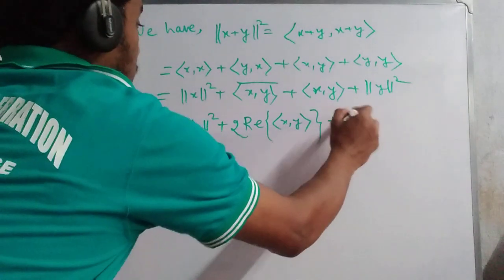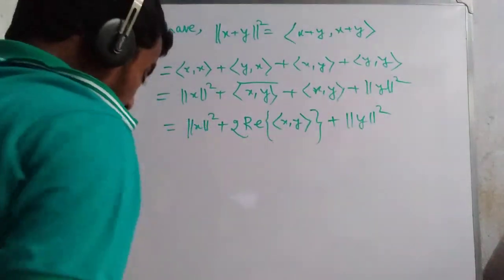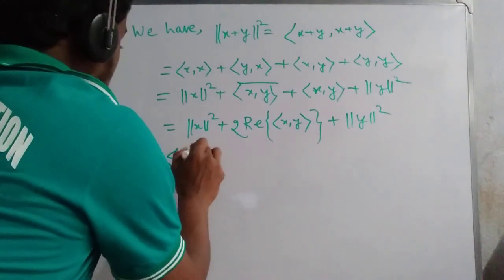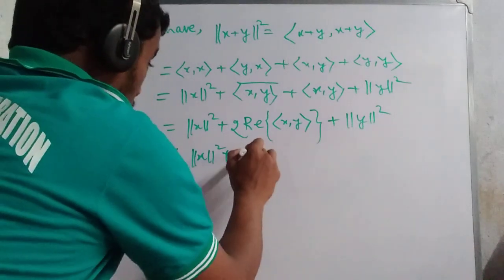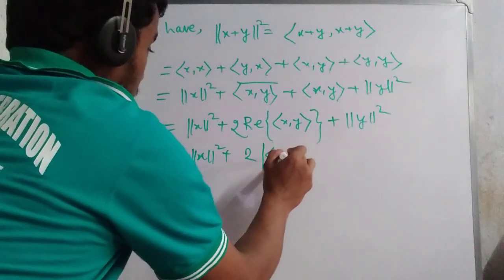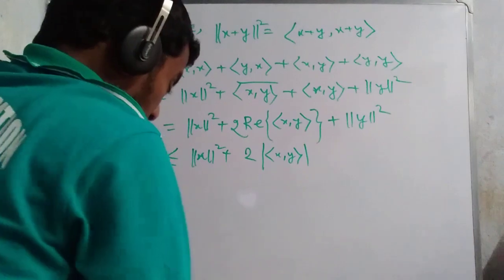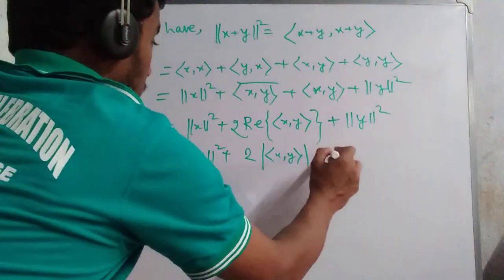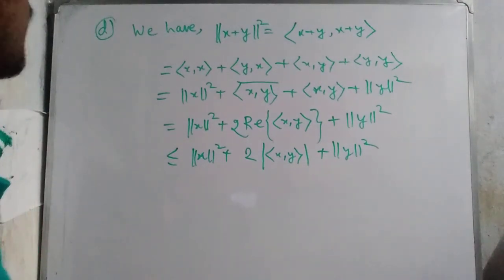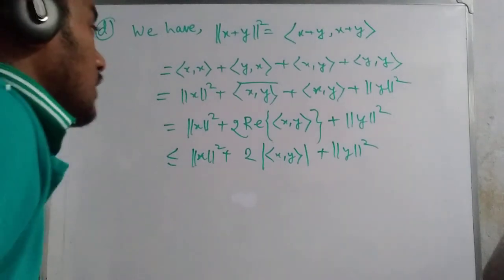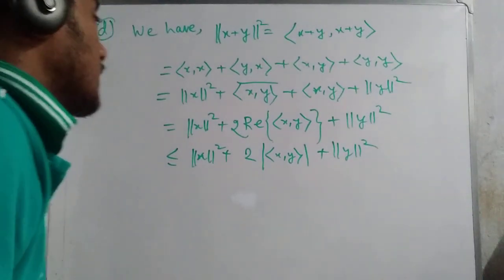And then this is less than or equal to the norm of x squared plus 2 times the modulus of the inner product of x and y plus the norm of y squared, since the real part of the inner product of x y is obviously less than or equal to its modulus.